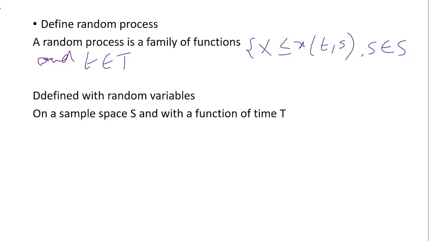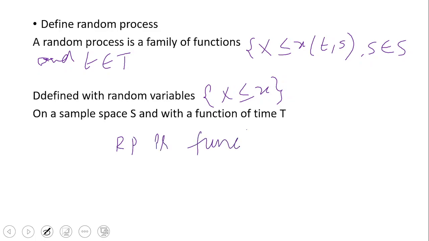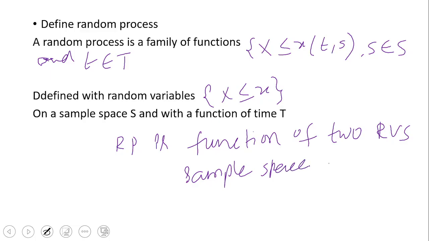Okay, it is defined with random variable X and sample space S and with function of time t. Thus we can say that a random process is a function of two variables, sample space and time.